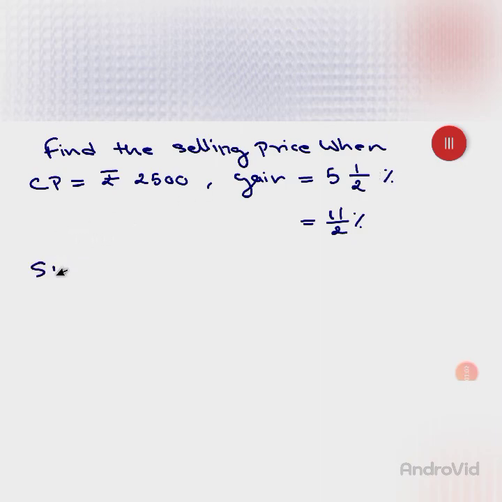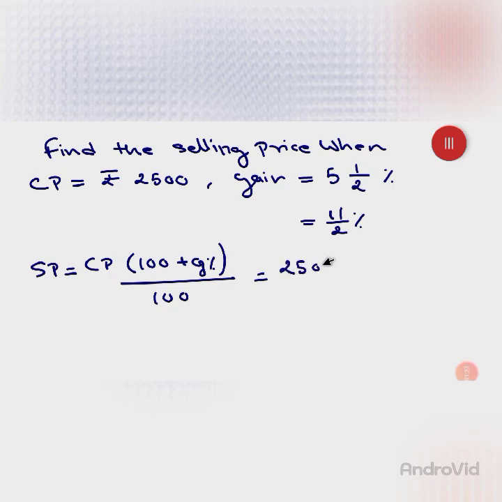Therefore our formula for selling price in case of gain was cost price into 100 plus gain percent divided by 100. We have cost price rupees 2500, 100 plus gain we have found 3/2, divided by 100.